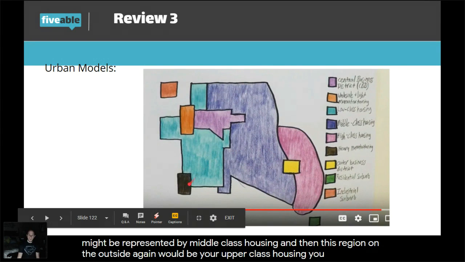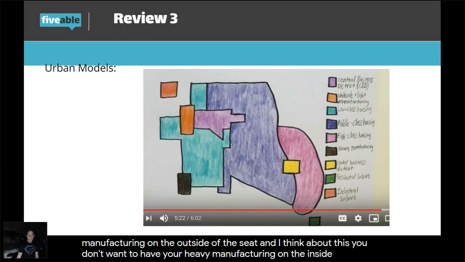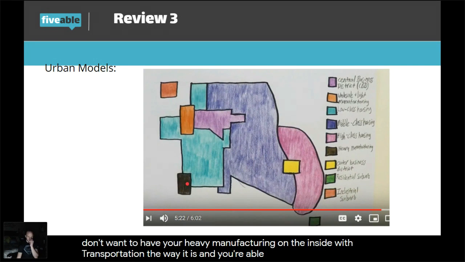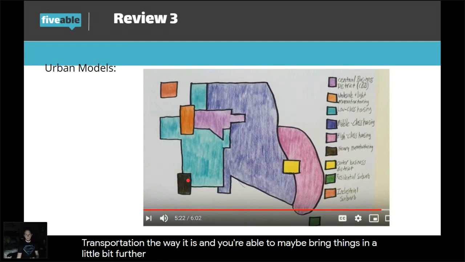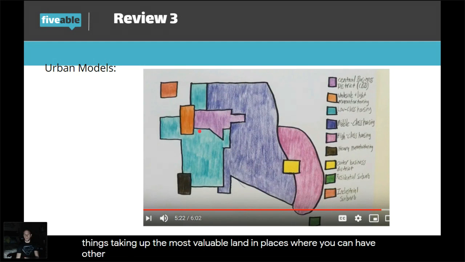You have heavy manufacturing on the outside of the city. Now think about this. You don't want to have your heavy manufacturing on the inside. With transportation the way it is, you're able to bring things in a little bit further, you don't want stuff that's super heavy being so distant that you can't get where you need it, but you also don't want these things taking up the most valuable land in places where you can have other industries or markets available.